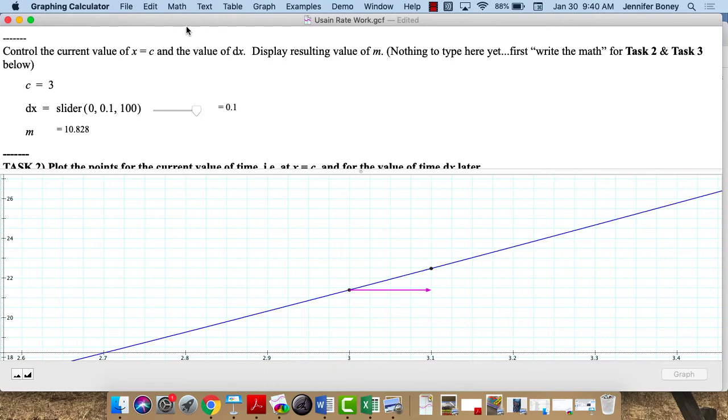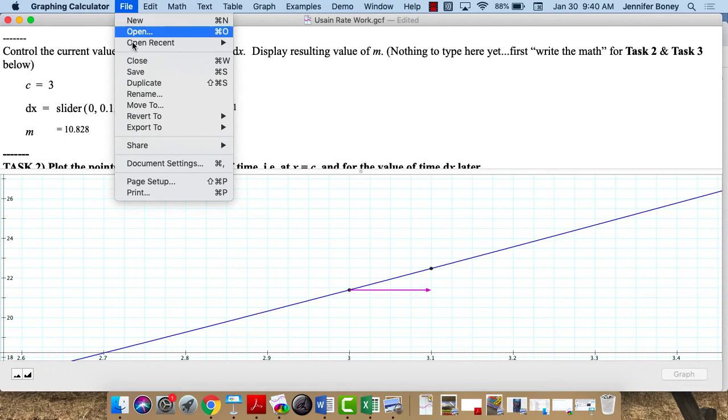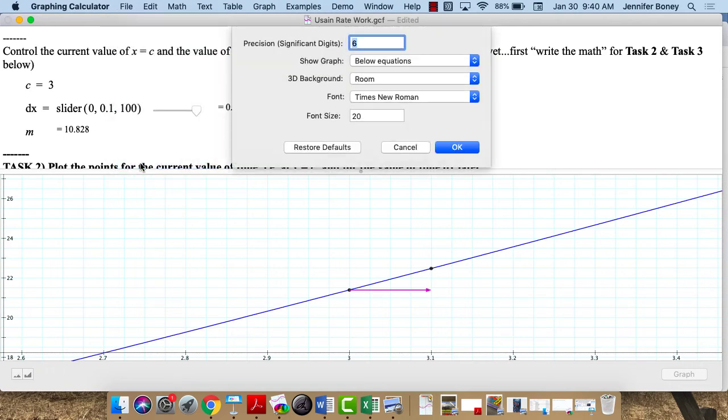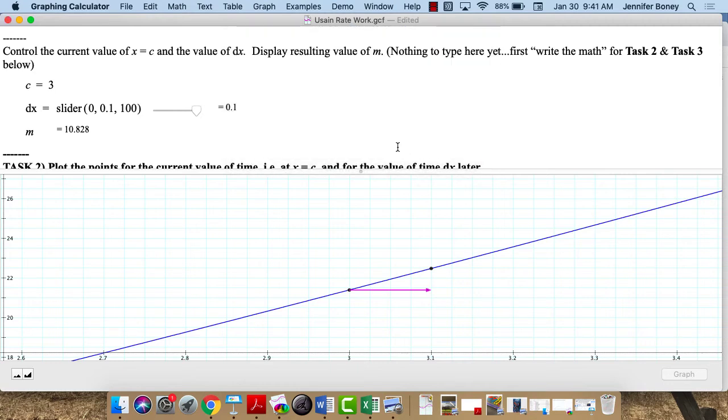What I was just talking about with the settings, let's see, where is it? Document settings is under the file menu. Mine is set to 6, so since this came out to only 5 digits, I know it's done all of the computing it can do. So just realize if you're getting decimal answers for these computations, a lot of times they are rounded off or they're just approximate.